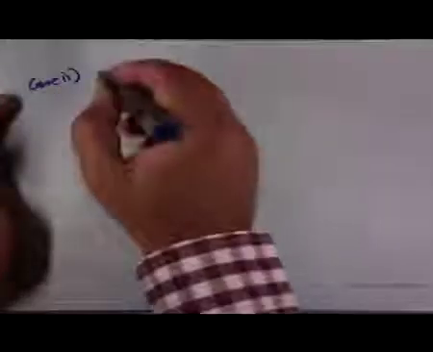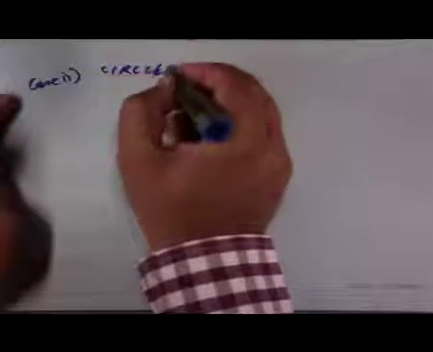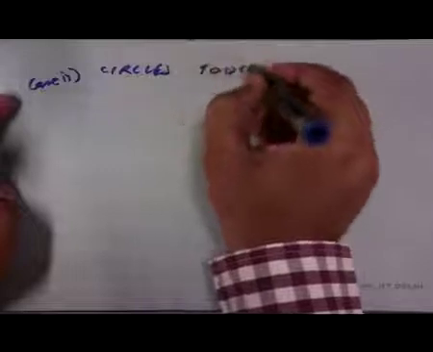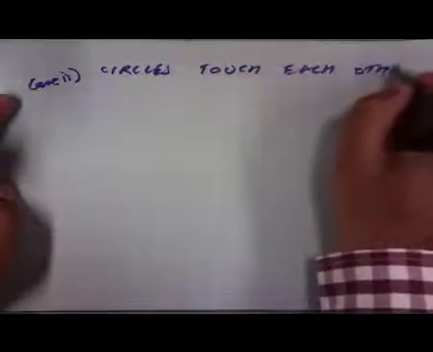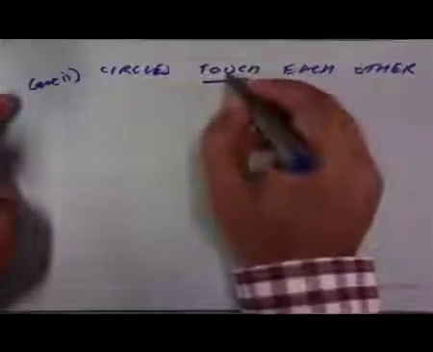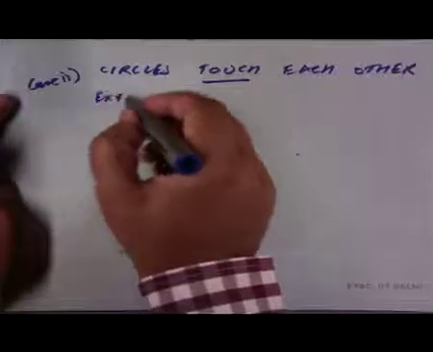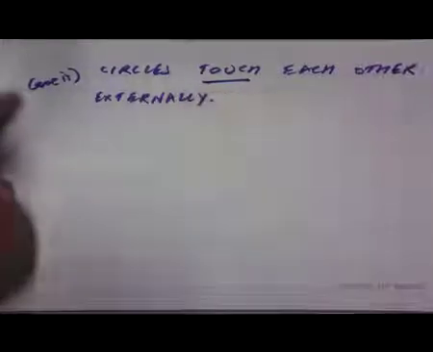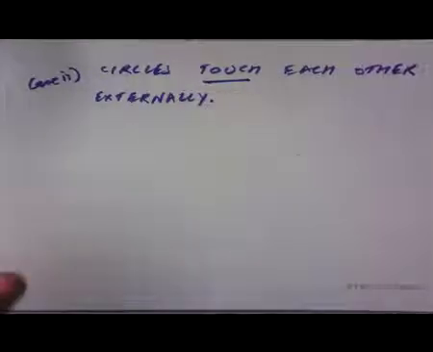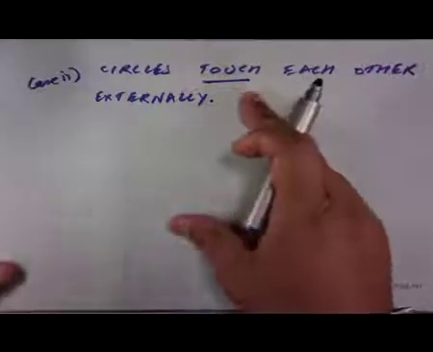So, the next case is when the two circles touch each other externally, say. They do not intersect, but they touch each other at one point.